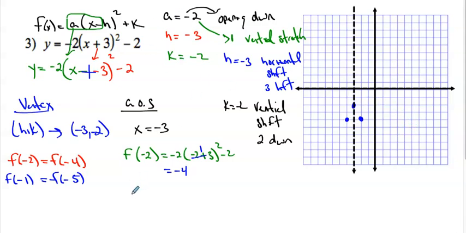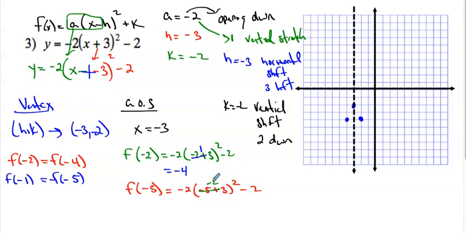Okay, then I'm going to plug in, I'll do f of negative 5 for no other reason. Negative 5 or negative 1 doesn't matter, right? So this is going to be negative 2 times the quantity of negative 5 plus 3 squared minus 2. All right, inside out. Negative 5 plus 3 is negative 2.